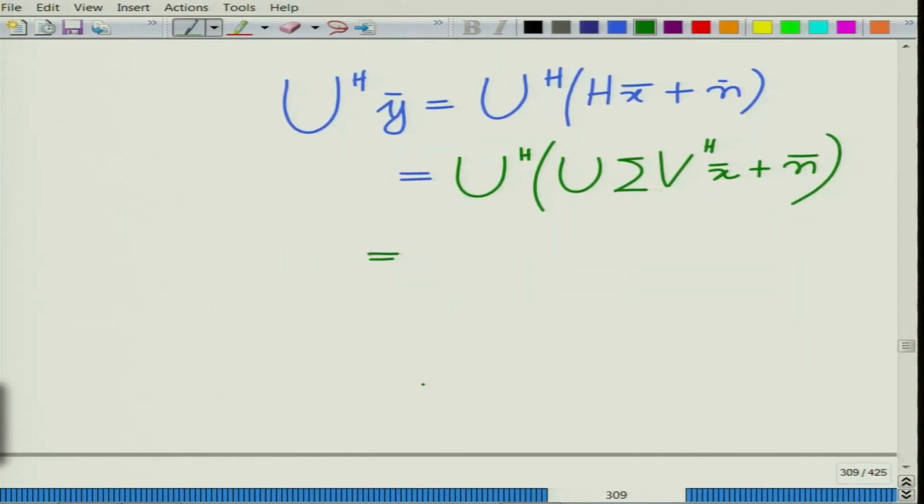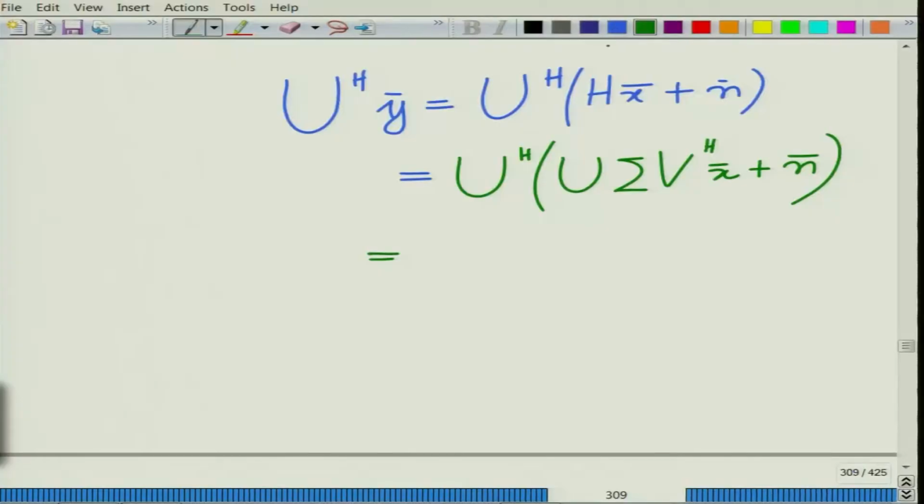Now, we know U Hermitian U is identity, U is a semi-unitary matrix, that is a matrix of left singular vectors. Using that property, this reduces, very interestingly, to sigma V Hermitian x bar plus U Hermitian n bar.